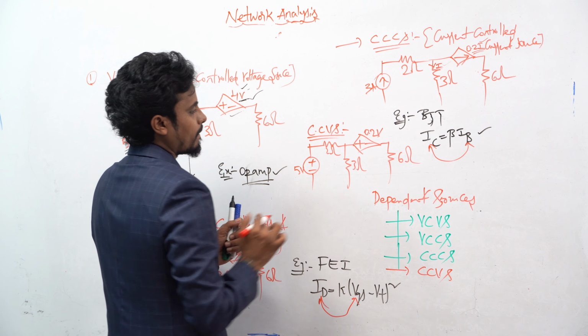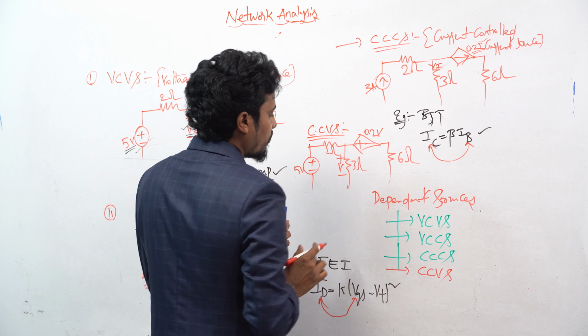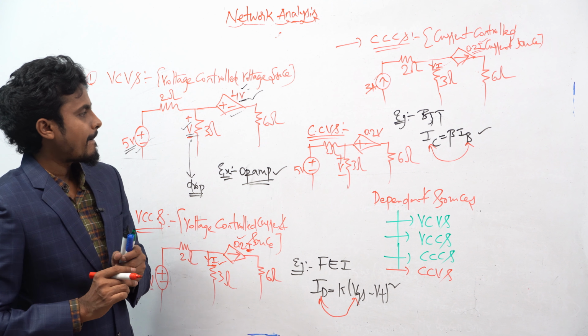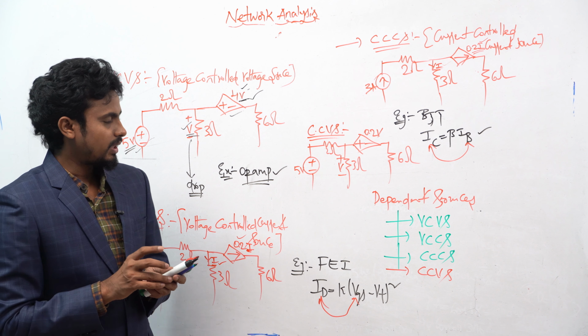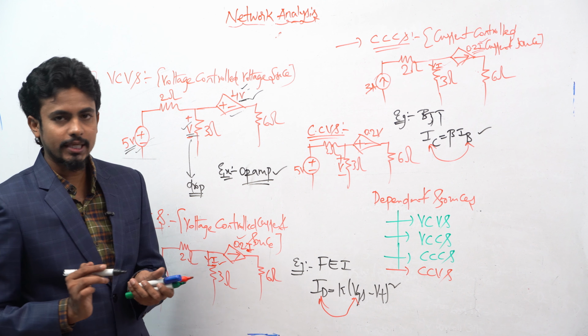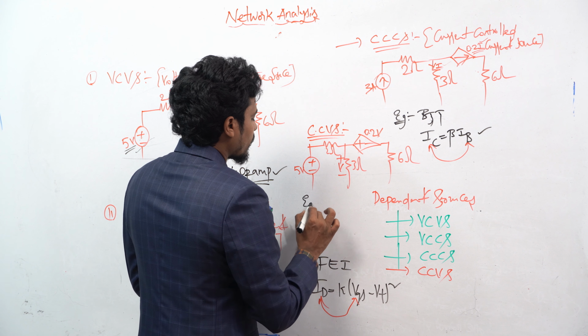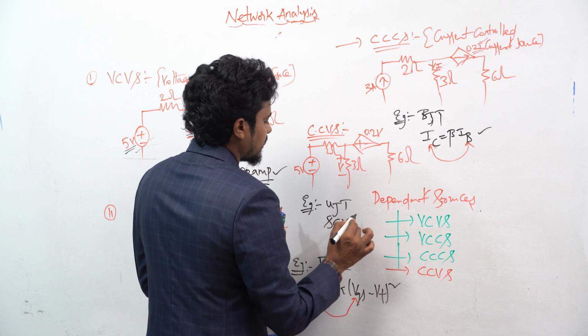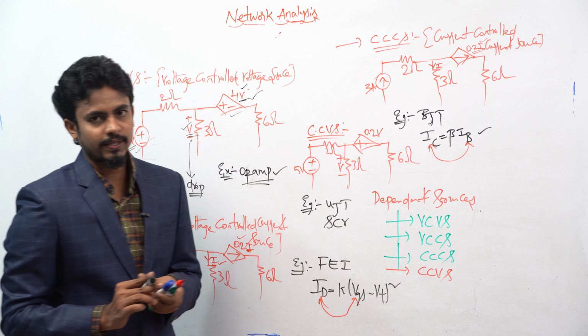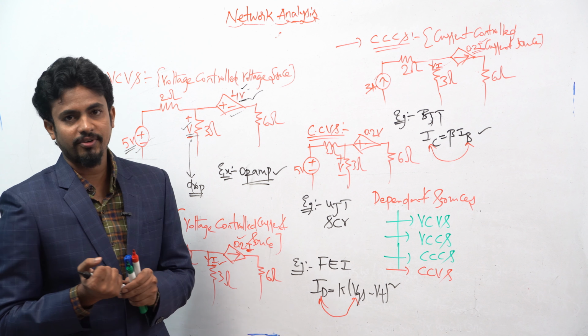Here this is my drop V. This is the simple circuit for the current controlled voltage source, and the best example for this current controlled voltage source is the UJT or SCR, unijunction transistor or silicon controlled rectifier.